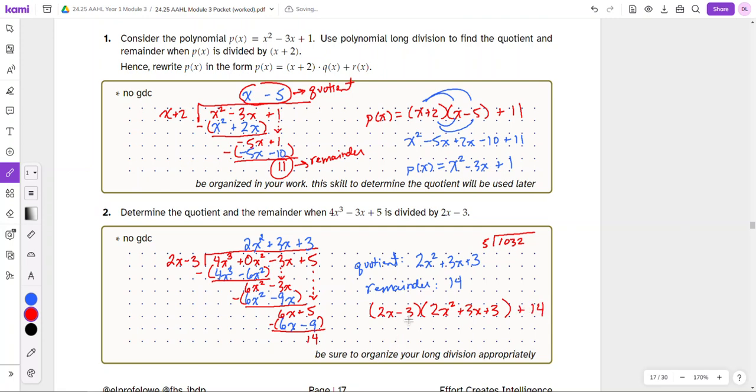And if I was to distribute all of this, I should end up with 4x cubed minus 3x plus 5. So that's polynomial long division. Be sure to organize your long division appropriately. That includes having the 0 in the column related to the location where you're missing a term.